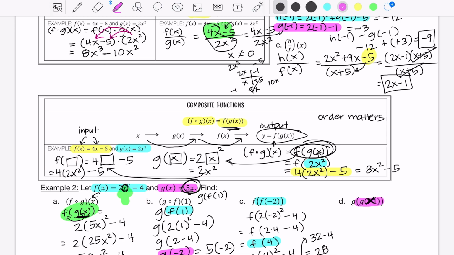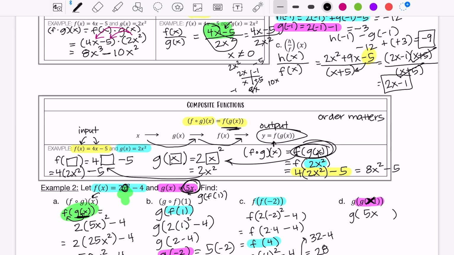Start with those inner parentheses, but everything you don't use, you copy down into the next step. So I'm going to copy that first g down, and now I'm going to plug x into the g function, which just ends up being 5x. The purpose of the g of x function is to take every input and multiply it by 5.